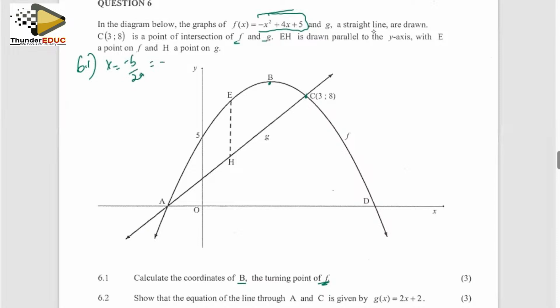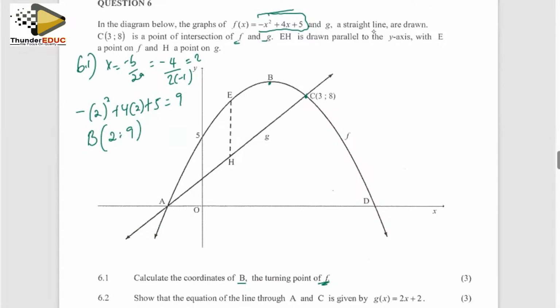So negative 4 over 2 times -1, which means that the x value is a 2. They want the coordinates. So which means we need to substitute this 2 into the original equation. So it's going to be -2 squared plus 4 times 2 plus 5. That's 13 minus 4, which is a 9. So which means the coordinates of B are 2 and 9.